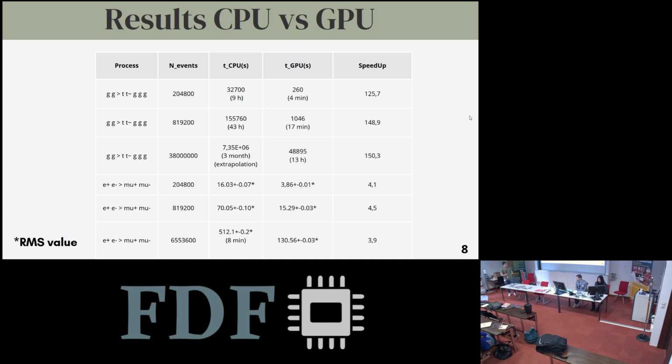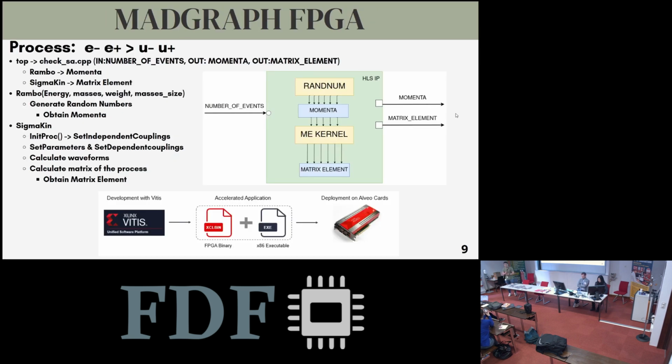Seeing the results, you can think, okay, this port is more useful for complex processes. But in my case, I prefer to test this application on a non-complex process, the electron-anti-electron to muon-anti-muon process, and I apply the same idea as the MADGRAPH GPU group.